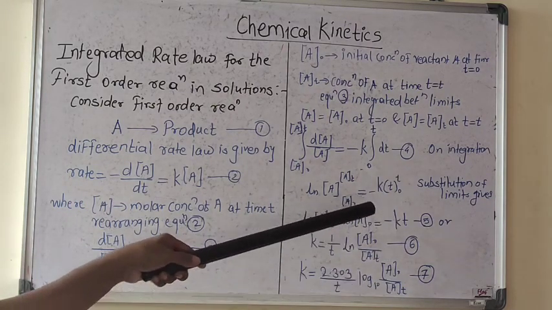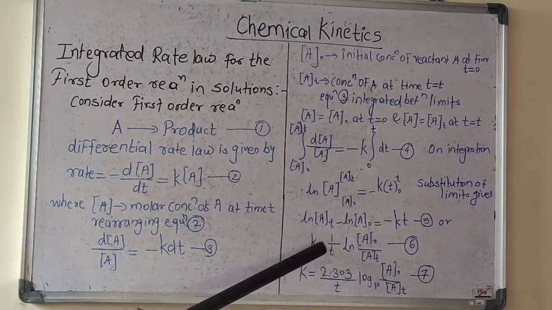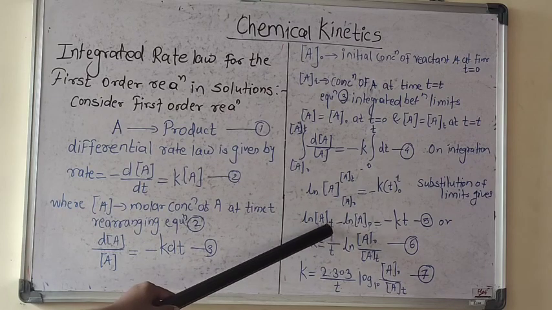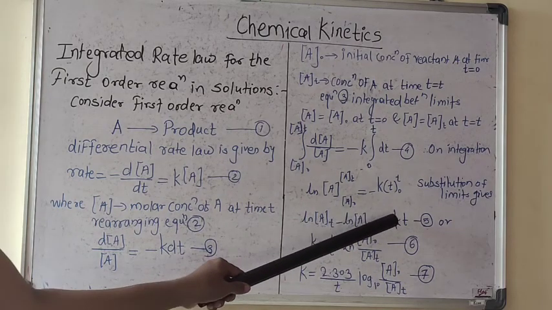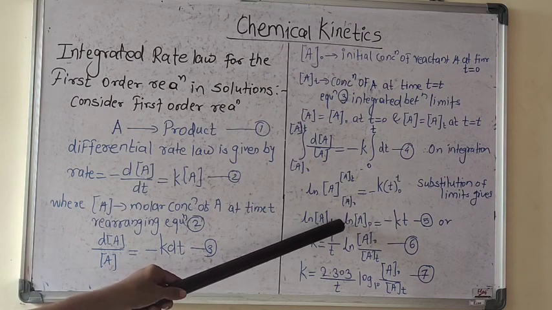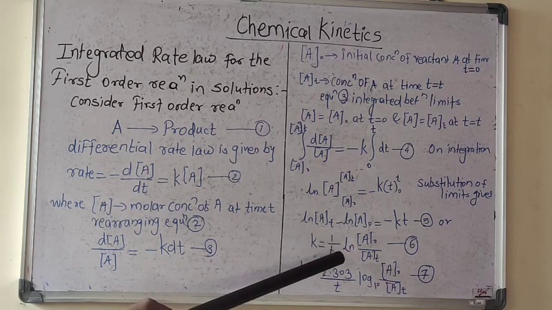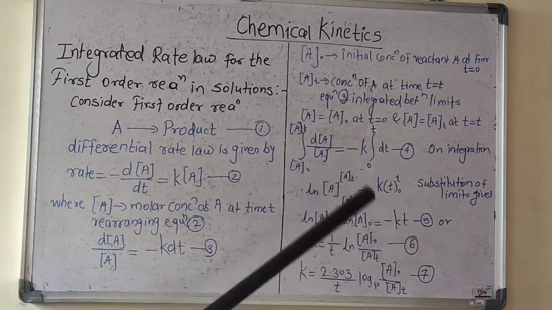Now if we rearrange this equation for the rate constant k, k equals 1 by t, and since there is a minus sign, we write it as a plus sign. In the next equation we get k equal to 1 upon t ln A0 divided by At, equation number 6.